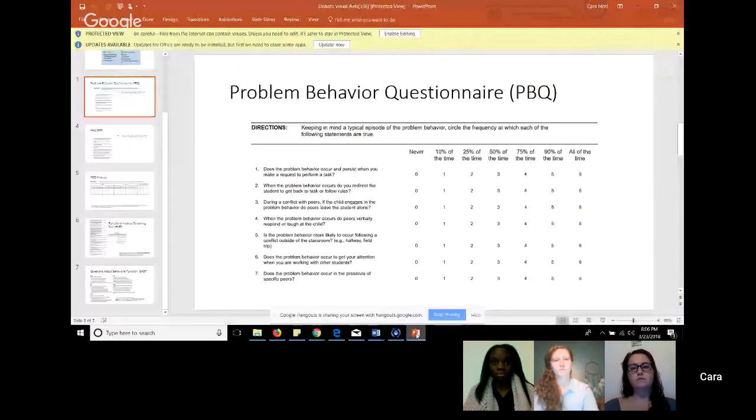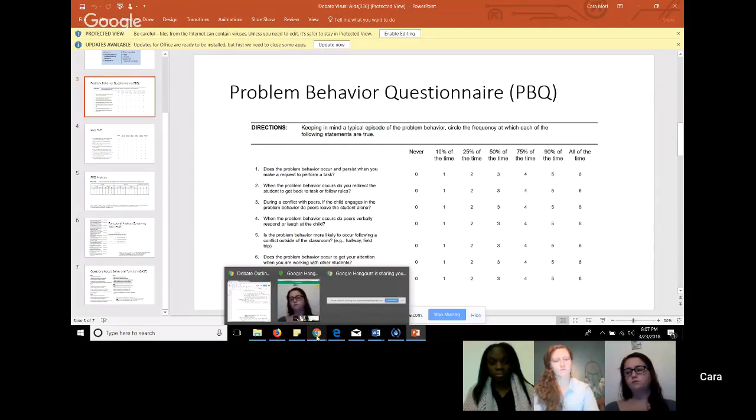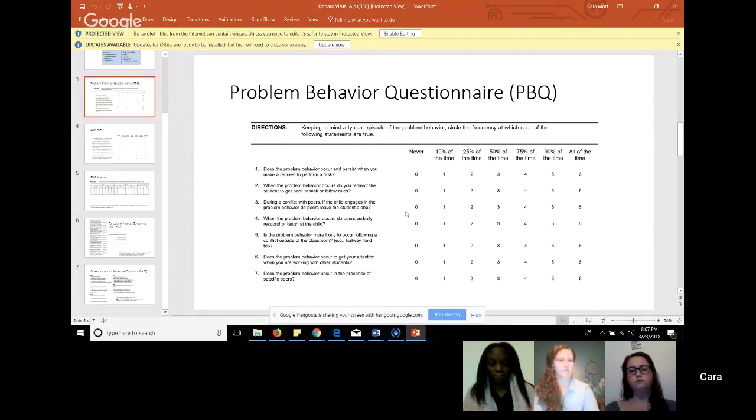To that end, if we take a look at some of the questions asked, for example, by the Problem Behavior Questionnaire, you can see that the problem behavior is measured in terms of specific situations that seem to be more focused on academic levels, but may not be appropriate for all situations, or may provide some bias in the way that the questions are worded and cause further confounding variables.